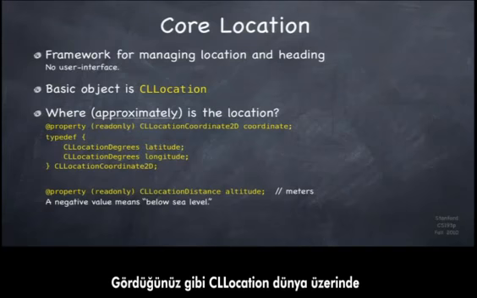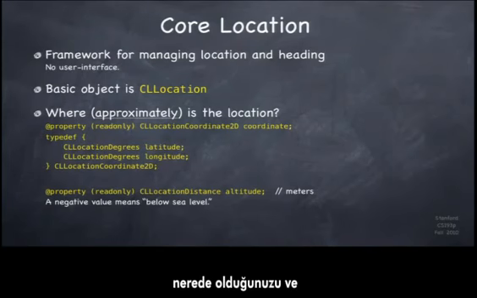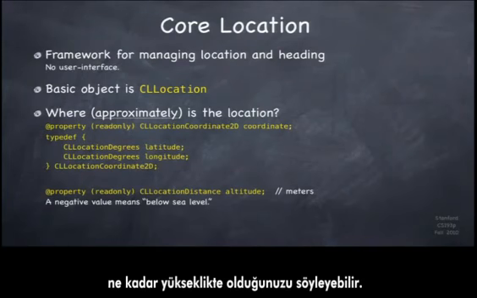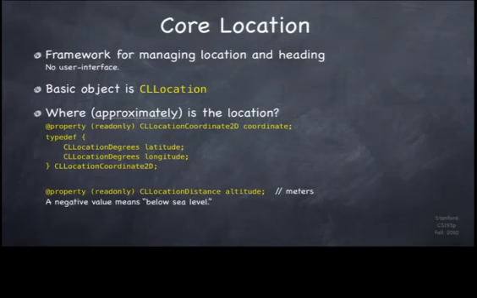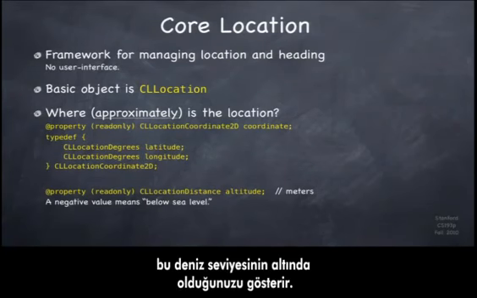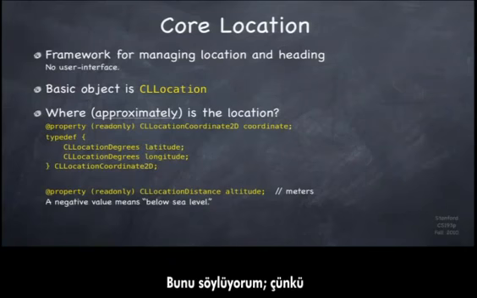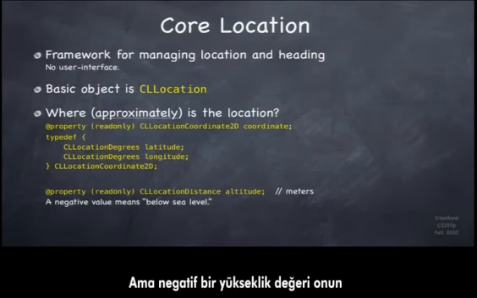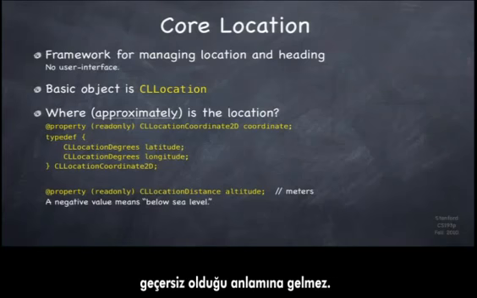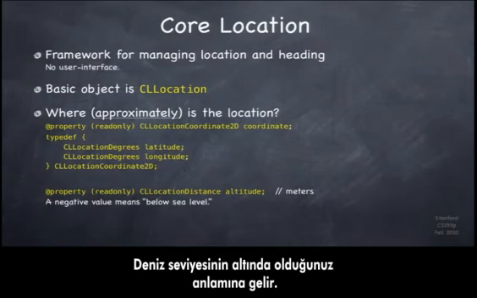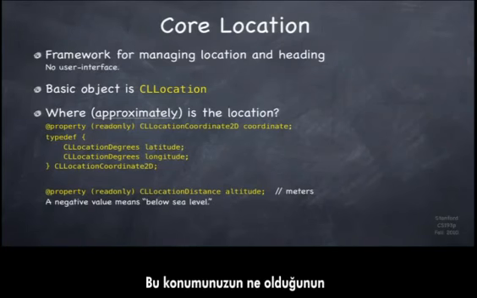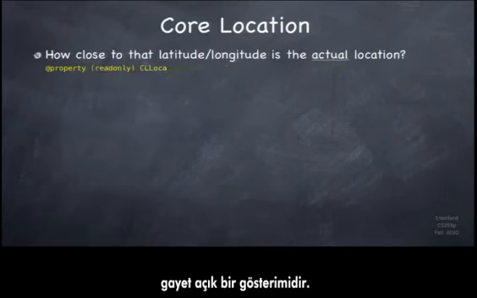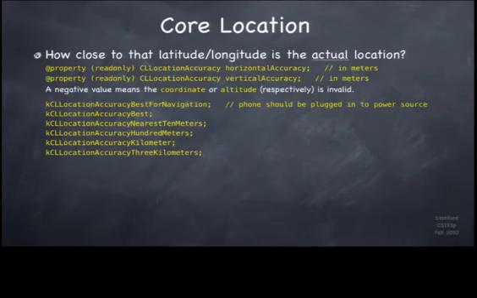So you can see CLLocation can tell you where you are on the planet, even where you are above the planet Earth. If altitude is negative, by the way, that means you're below sea level. And I say that because sometimes a negative value in these properties for the CLLocation mean this is invalid, but a negative altitude does not mean it's invalid, it means below sea level. Okay, so this is a pretty straightforward representation of what a location is.